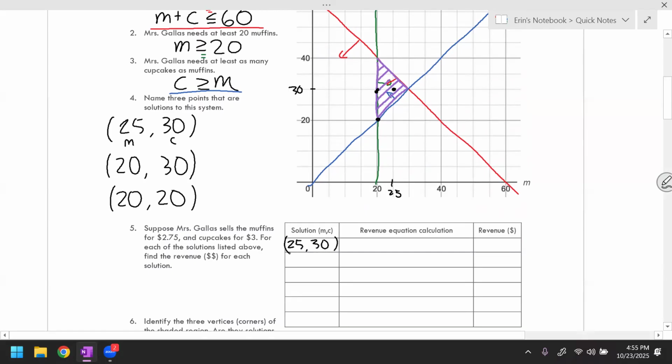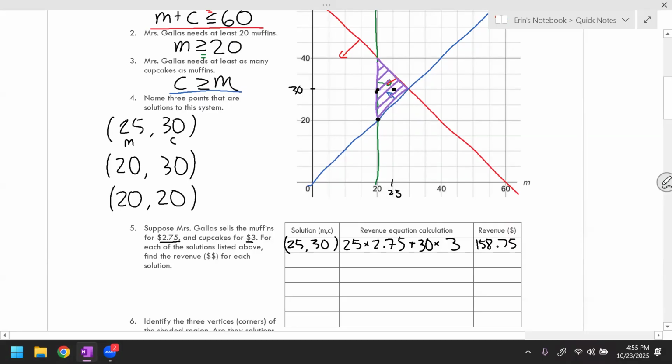Well, that's not so hard. It's just going to be 25 times the price of a muffin, 2.75, plus 30 times the price of a cupcake, which is 3. I'm just going to put that into my calculator here: 25 times 2.75 plus 30 times 3. That'll give me $158.75.